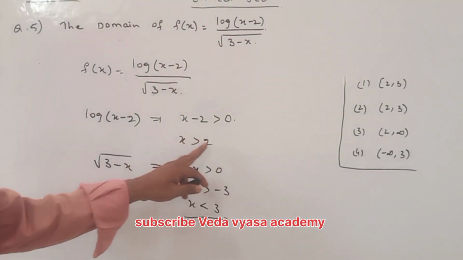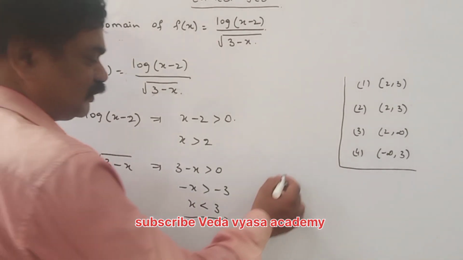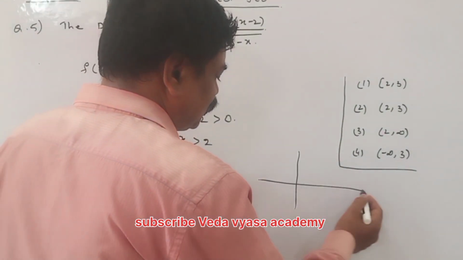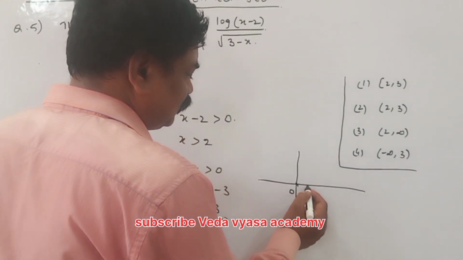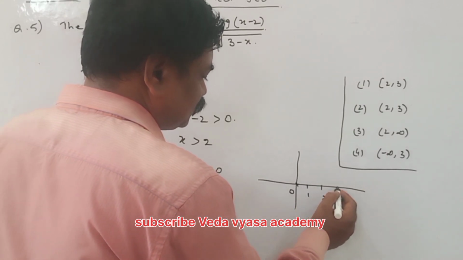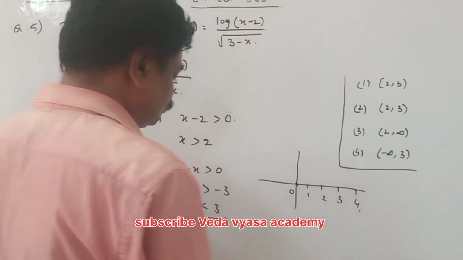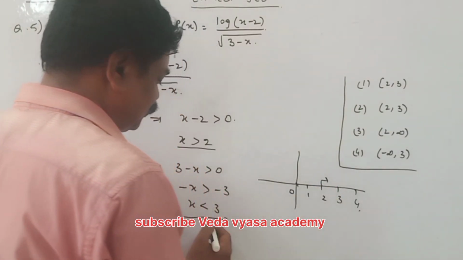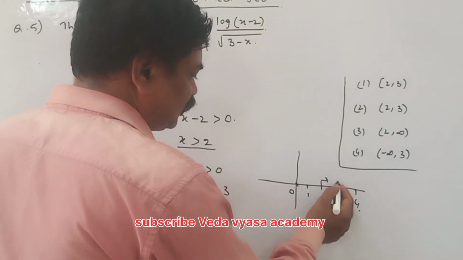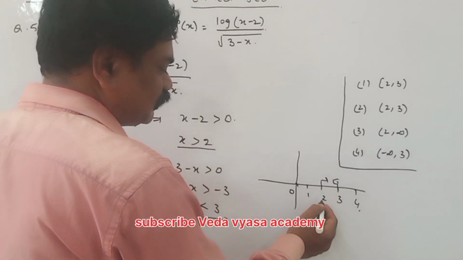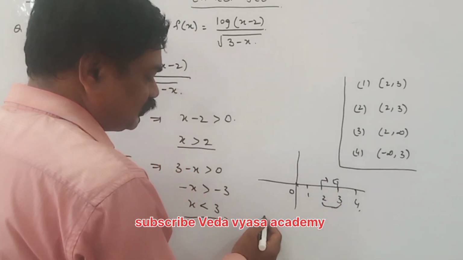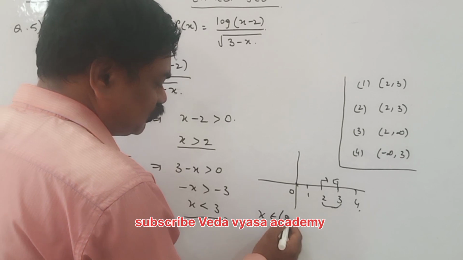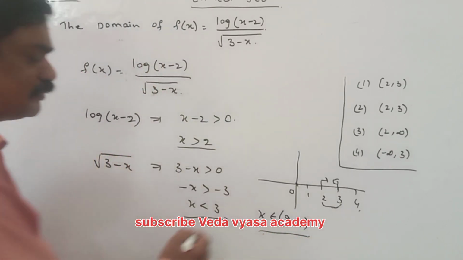On the number line, x is greater than 2 and x is less than 3, not taking the values 2 and 3. So x belongs to the open interval 2 comma 3.